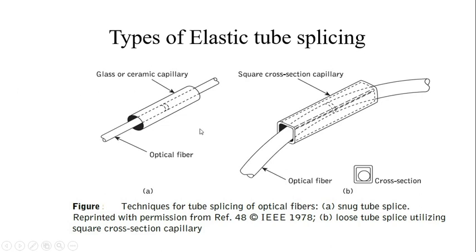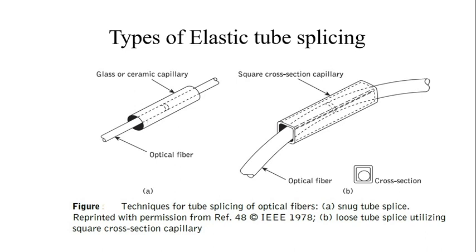In this method, the prepared fiber ends are permanently bonded with the help of a rigid alignment tube, as shown. It utilizes a glass or ceramic capillary with an inner diameter slightly greater than the diameter of the fiber.